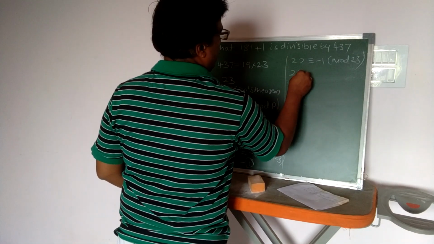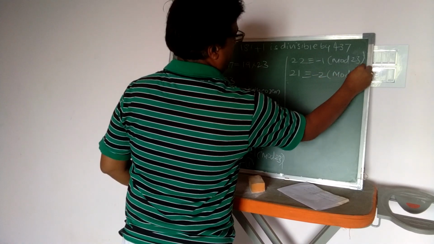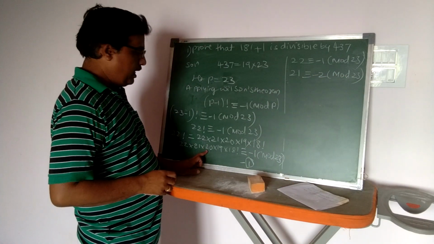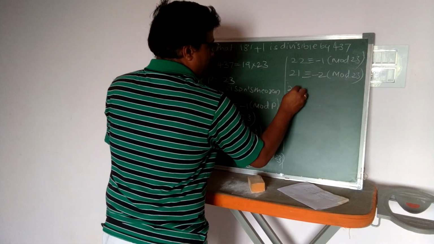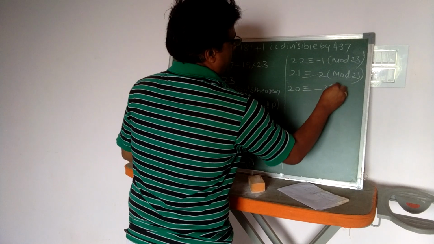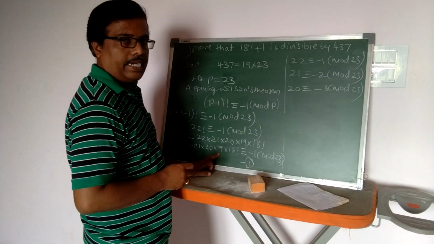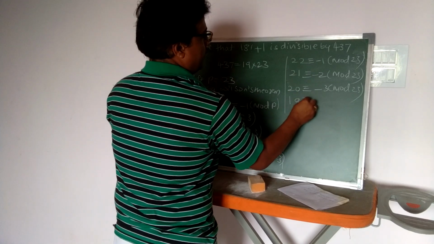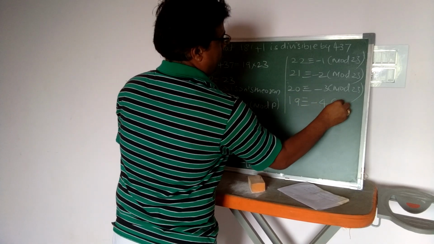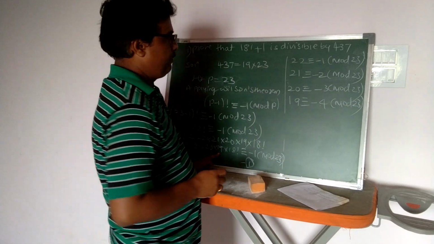So we write 21 is congruent to minus 2 mod 23. Similarly, 20 is congruent to minus 3 mod 23, and 19 is congruent to minus 4 mod 23.